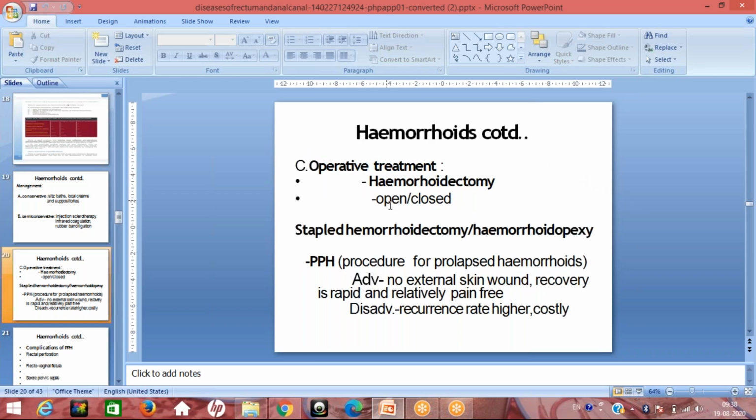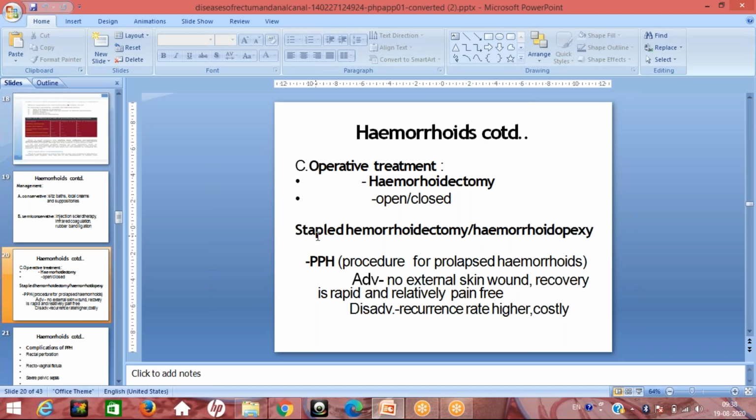One of the important methods is hemorrhoidectomy, which is an open method or a closed method, and stapled hemorrhoidopexy. Stapled hemorrhoidopexy is a relatively newer modality, which was started by Antonio Longo, an Italian colorectal surgeon.